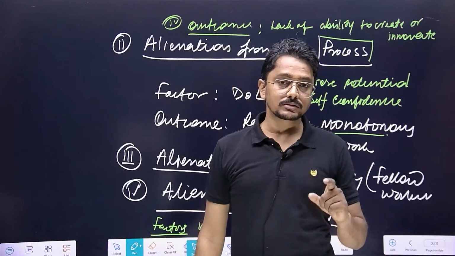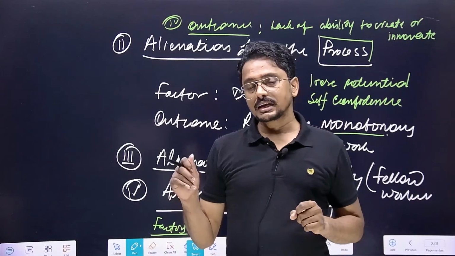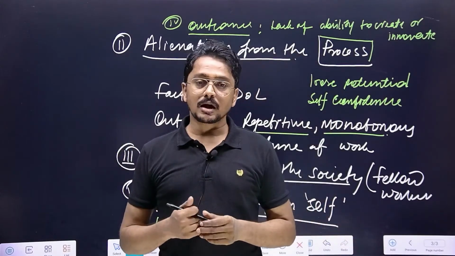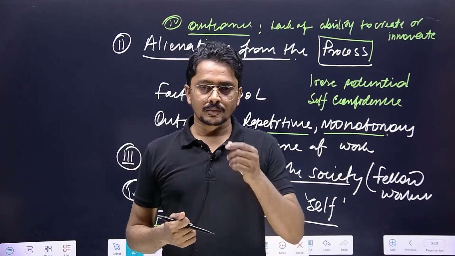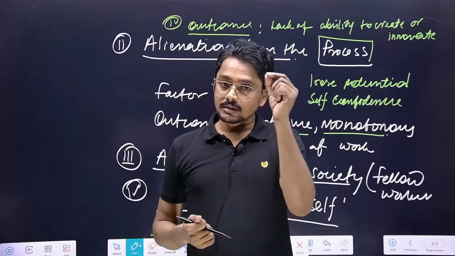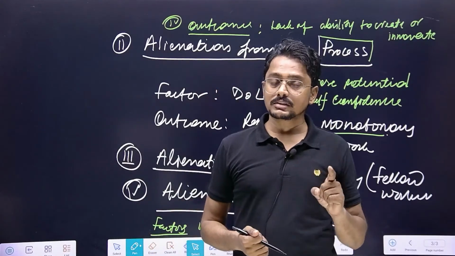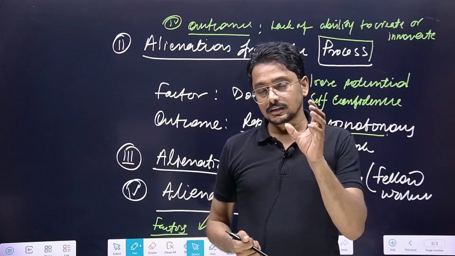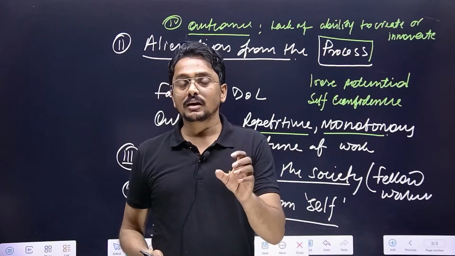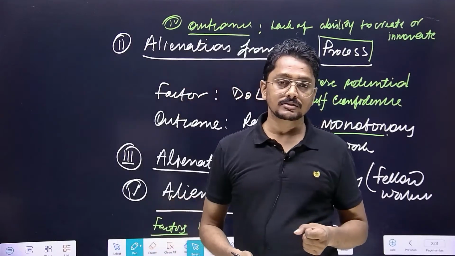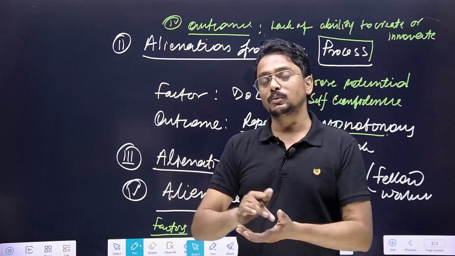The one who is working in large or mega companies, multinationals, loses their ability to create or innovate. That's why he or she lacks the capacity to create a new company, a startup, to become an entrepreneur. So he remains a labor only.